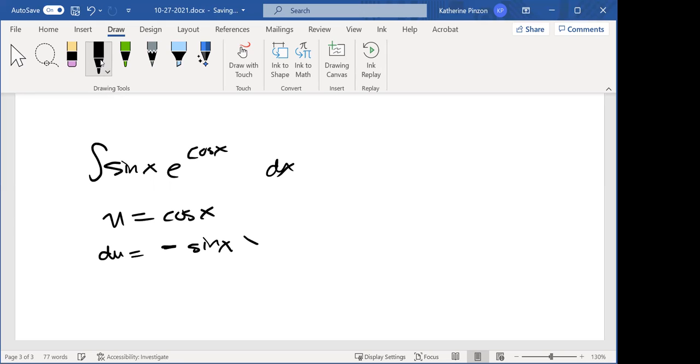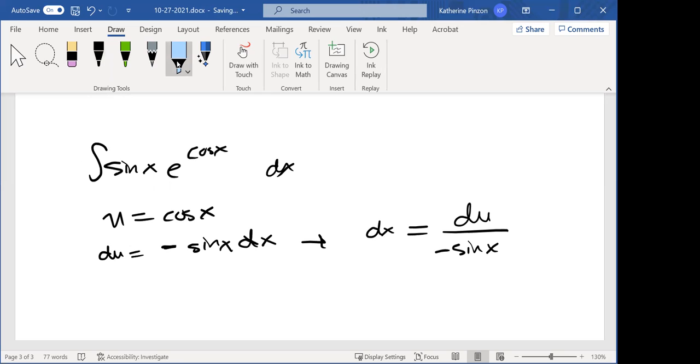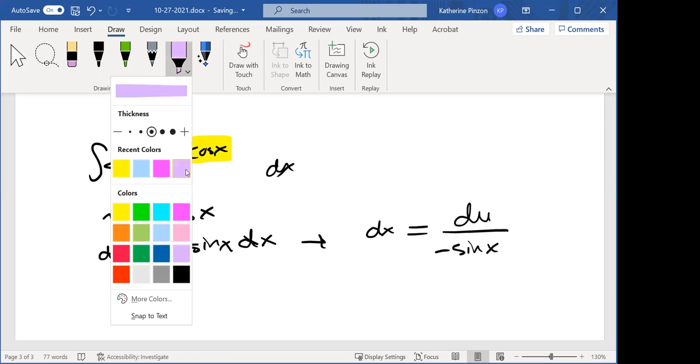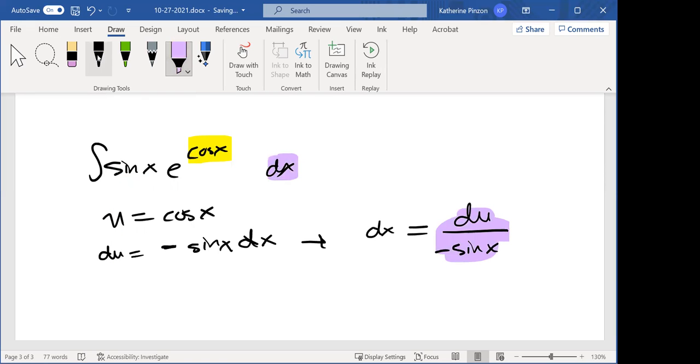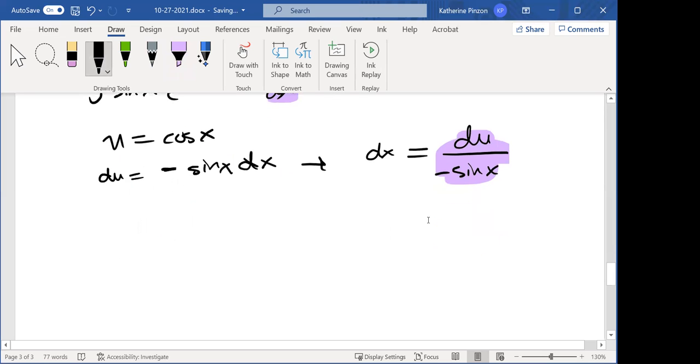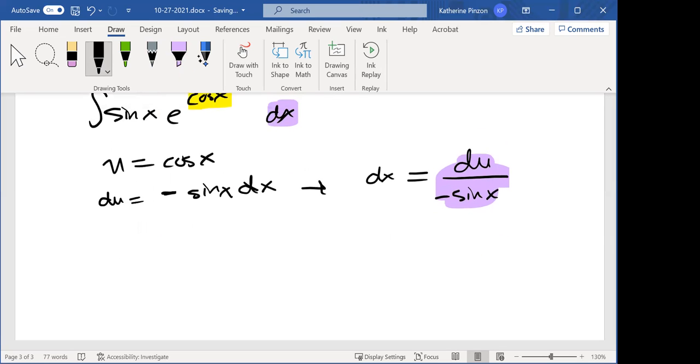This is the same problem we just did. So one school of thought is solve for dx. Dx is going to be du over negative sine x. So then here, cosine x is u, so I'm going to write u there. And then I'm going to take this guy and substitute him for dx.